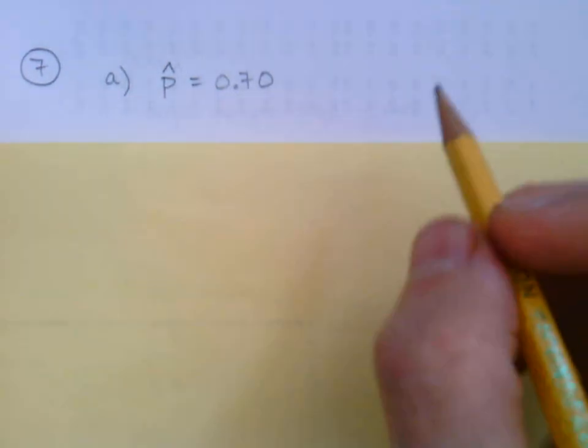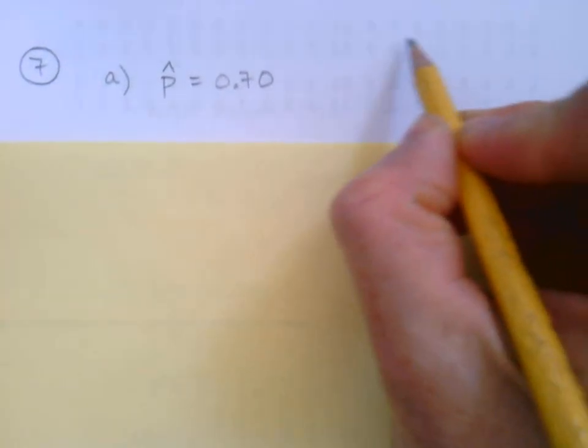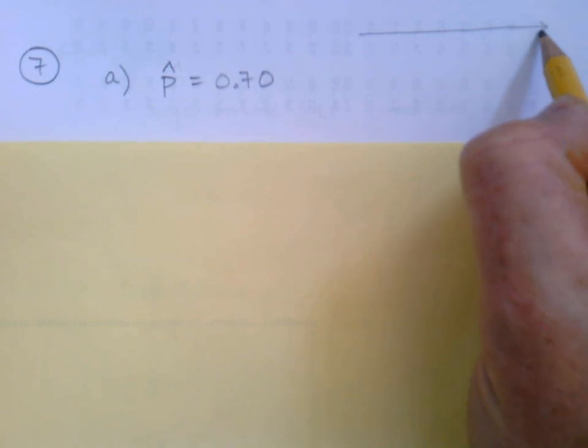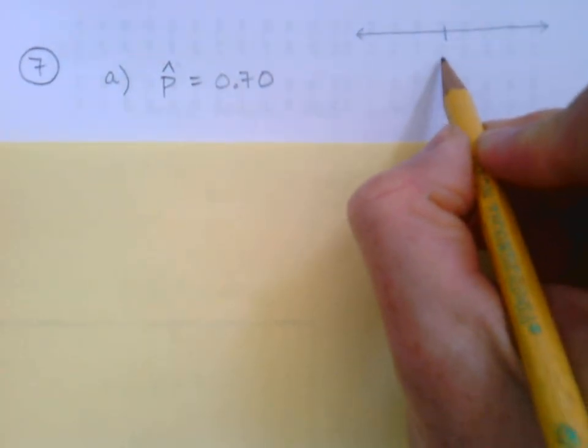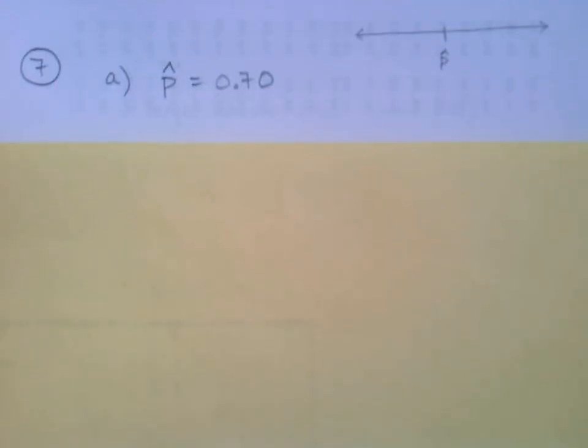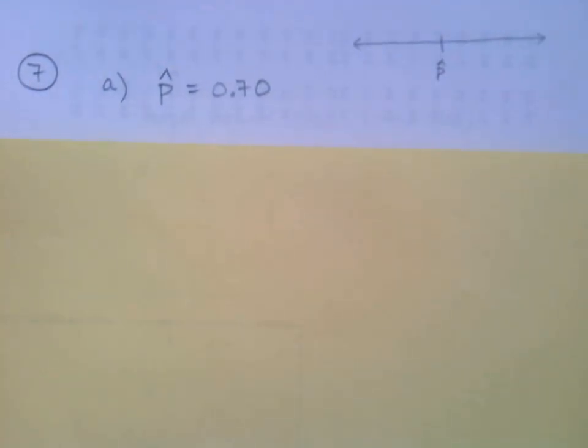Now there's another way to get the answer for the sample proportion, p hat. You could base it on the confidence interval. So they tell us, I mean, if I was to even graph it, let's say, if we just graph, say, this number line, we know that p hat, the point estimate, is always right at the center, right?